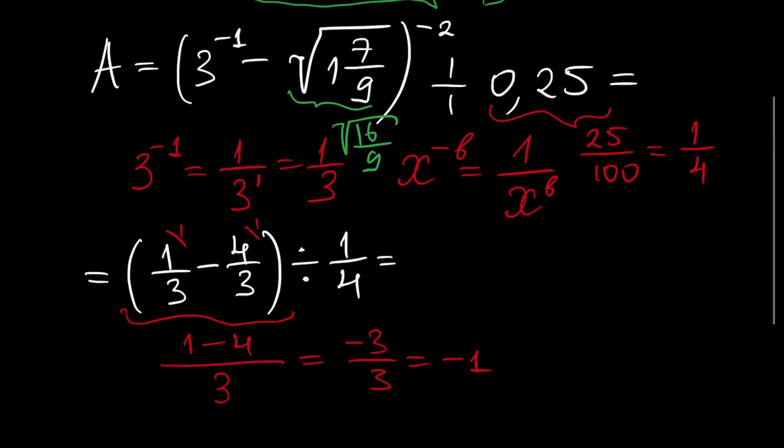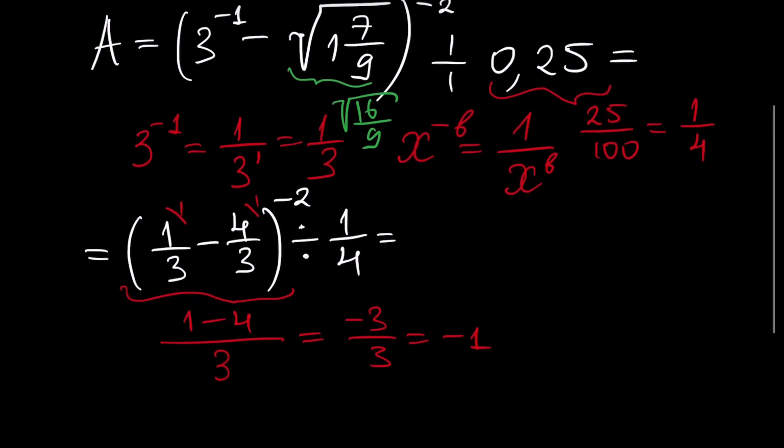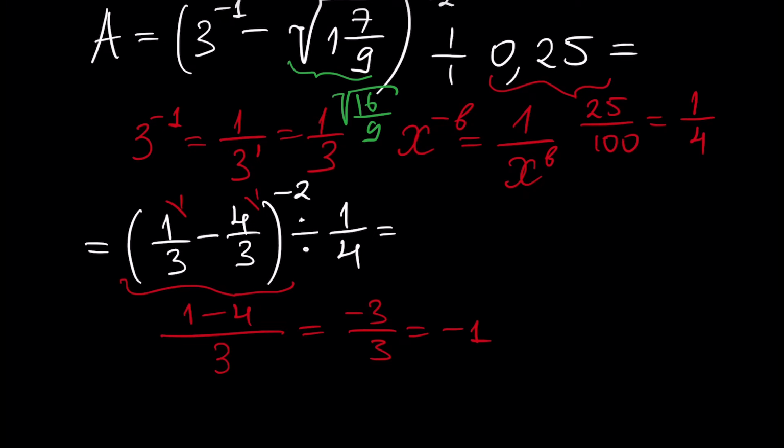And we actually forgot here the exponent, the power of minus 2, and that's why we have all in all minus 1 to the power minus 2 multiplied by 4, because as we know from the arithmetic session, division by a fraction can be transformed into multiplication.